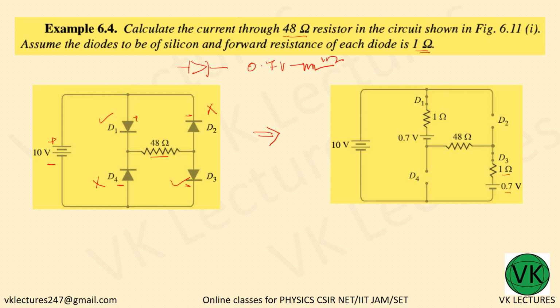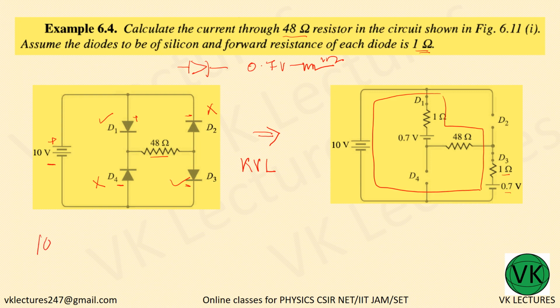Now what we have to do is apply Kirchhoff voltage law along this loop. What loop do we have? See, D2 and D4 are off. So this is the current direction. This is the loop that we have.